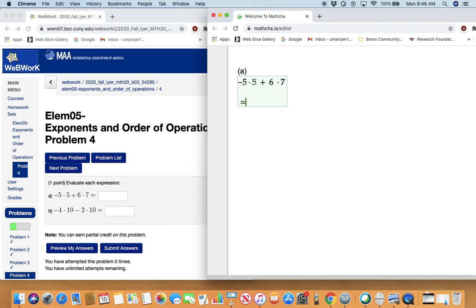Negative 5 times 5 is negative 25 plus 6 times 7 is 42. So, now this 42 is bigger than 25. That is, the magnitude here is bigger than that. So you're going to have a positive. How much positive? Well, you find the difference, 42 minus 25. So that is 17.